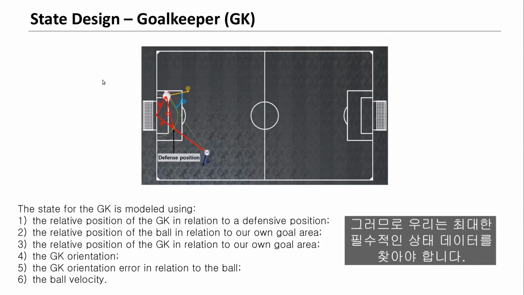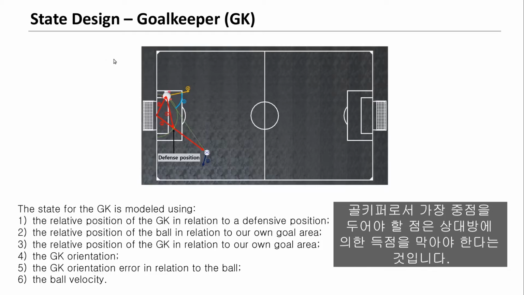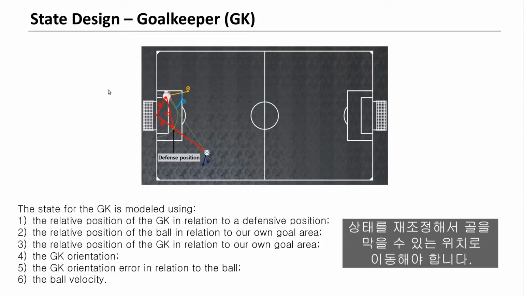So we simplify the state design for the robots. For the goalkeeper, the main focus is to protect against the opponent's score. We define the state as his position in relation to a defensive position.